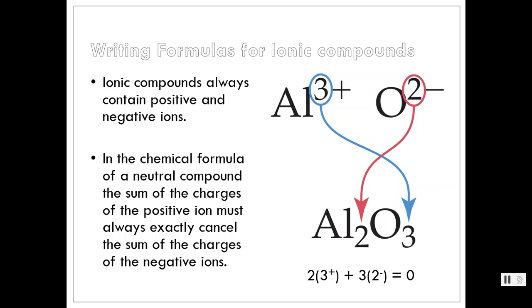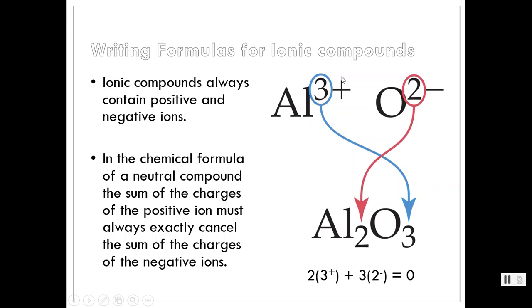The quick and dirty way to do that is what I call the crisscross applesauce technique, where to write the chemical formula for an ionic compound, you take the numeric number of the charge on one, and it becomes the subscript on the other, and vice versa.